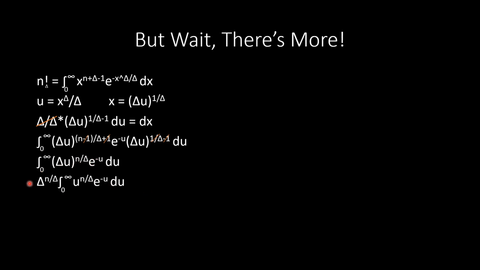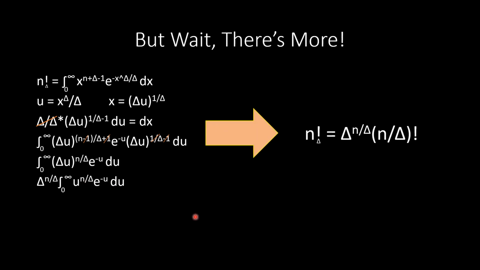Now this is really nice, right? Because this is the exact form of the factorial, with n being replaced with n over delta. So our final result is that delta factorial of n is equal to delta to the n over delta times n over delta factorial. Wonderful.